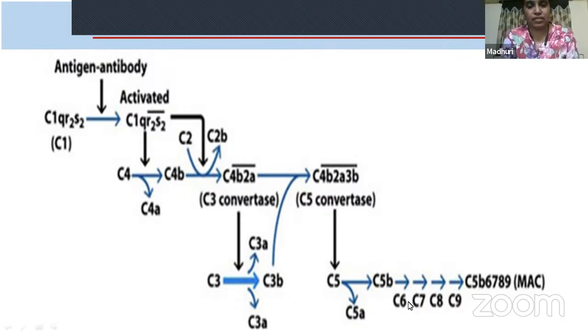So the next components, C6, C7, C8, C9, come into picture, they attach themselves onto the C5B, making it stabilized. Then we have the C9, which is the important component, which helps in making holes in the antigen, which is called the membrane attack complex.